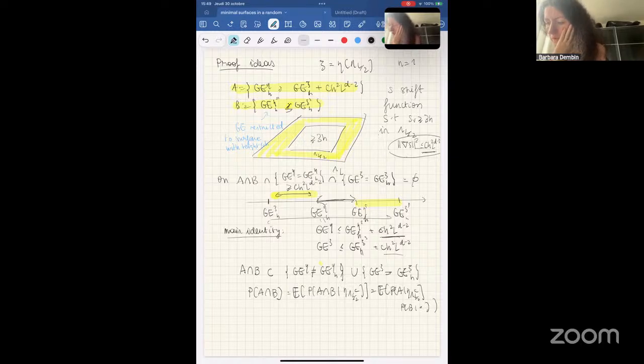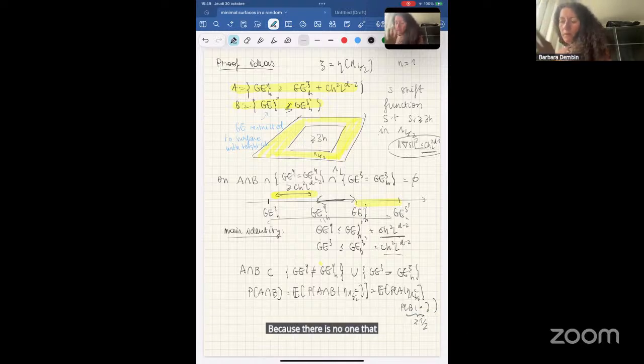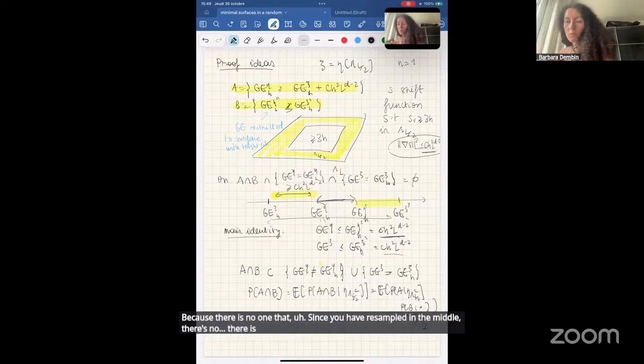Okay, and B is something totally symmetric, so it's at least 1/2. Because you have resampled in the middle, there is as much chance that one is larger than the other.